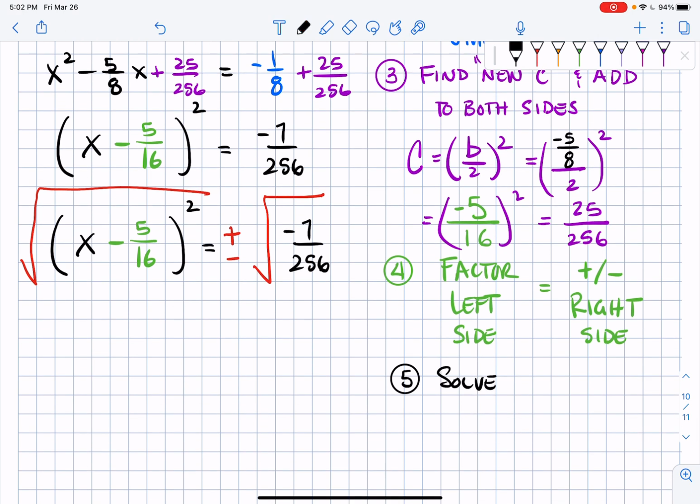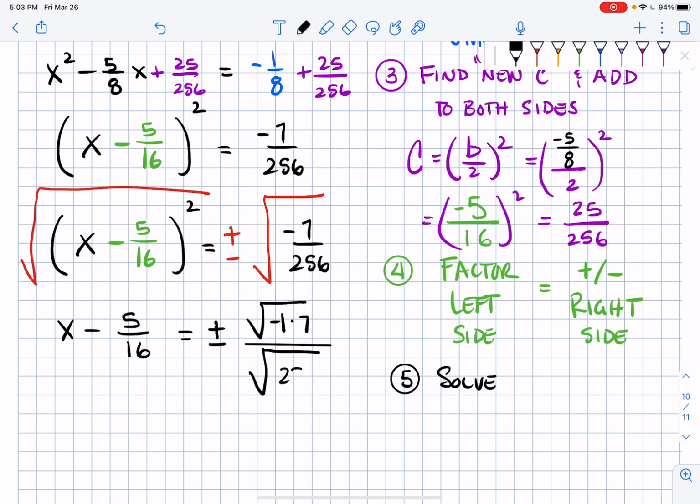So the left side is just going to be my x minus 5 over 16. And the right side, it's going to be plus and minus. Let's leave that alone. The top is going to be the square root of negative 7. And the bottom is going to be the square root of 256.